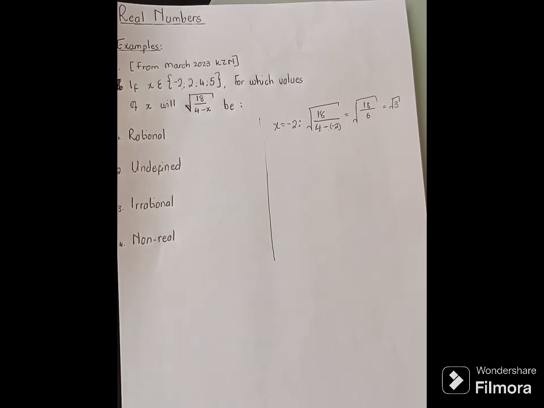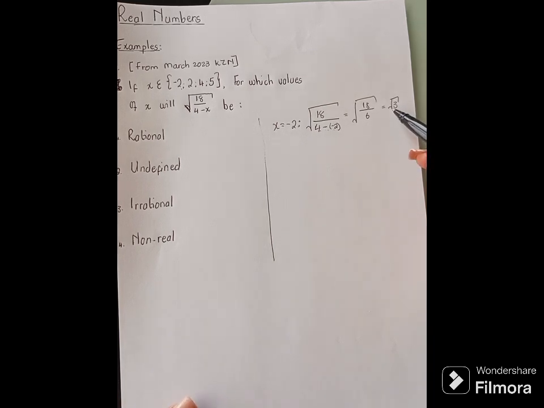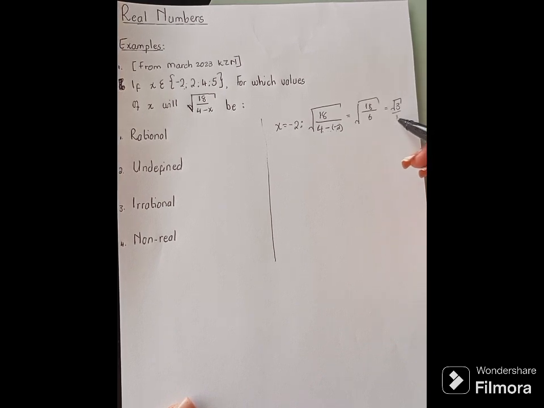And for the square root of 3, we check what kind of number it is. Is the square root of 3 a rational number? Remember, for a number to be rational, it must satisfy 2 conditions. It can be written as a fraction, and both the numerator and denominator must be integers. So when we look at root 3, it can be written as root 3 over 1.